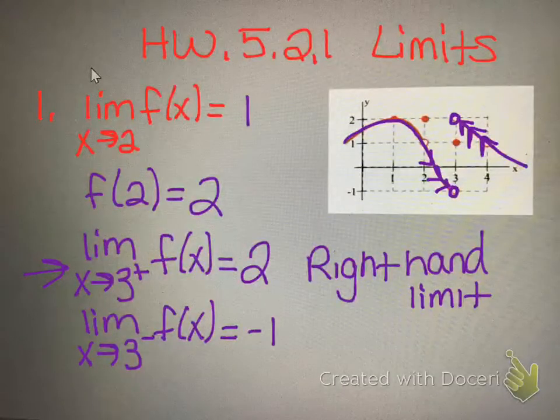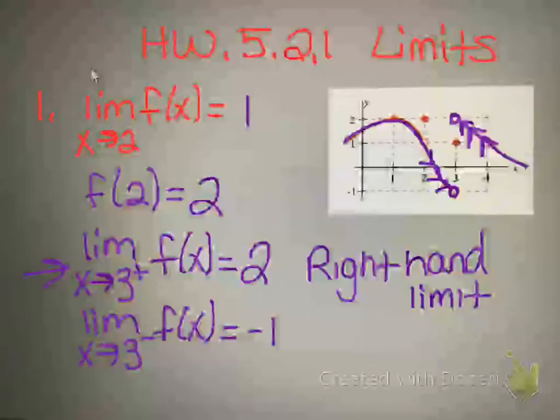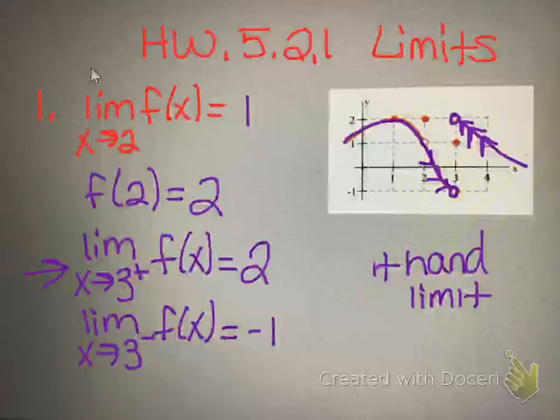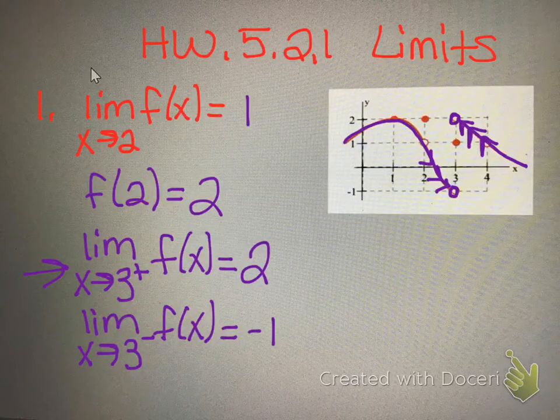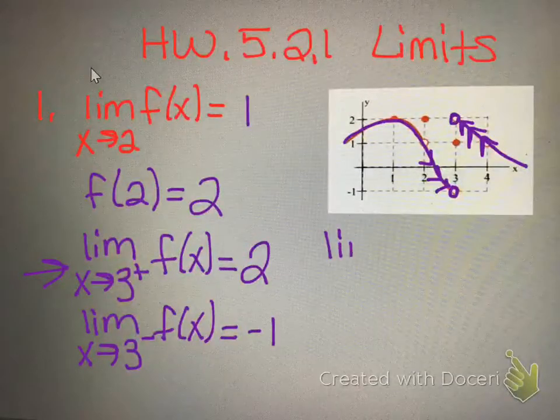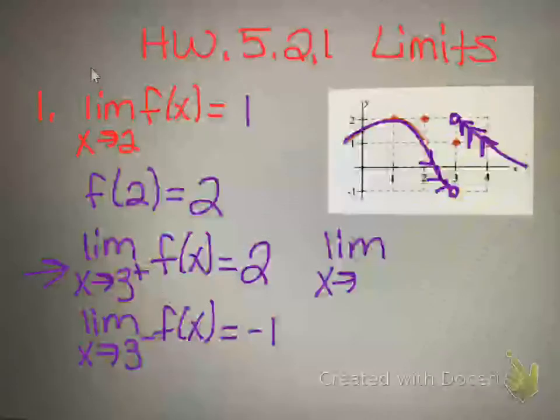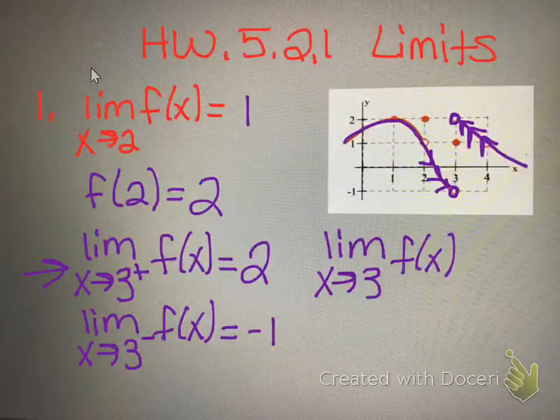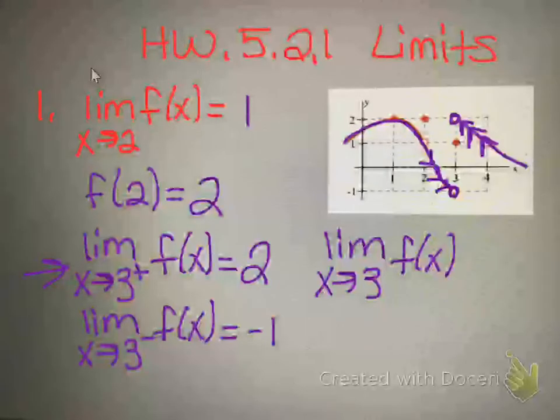And then the final thing that they ask us regarding the limit part of this particular problem is, what is the limit as x approaches 3, and they don't specify a direction. They're asking you, what y value are you approaching as x approaches 3?